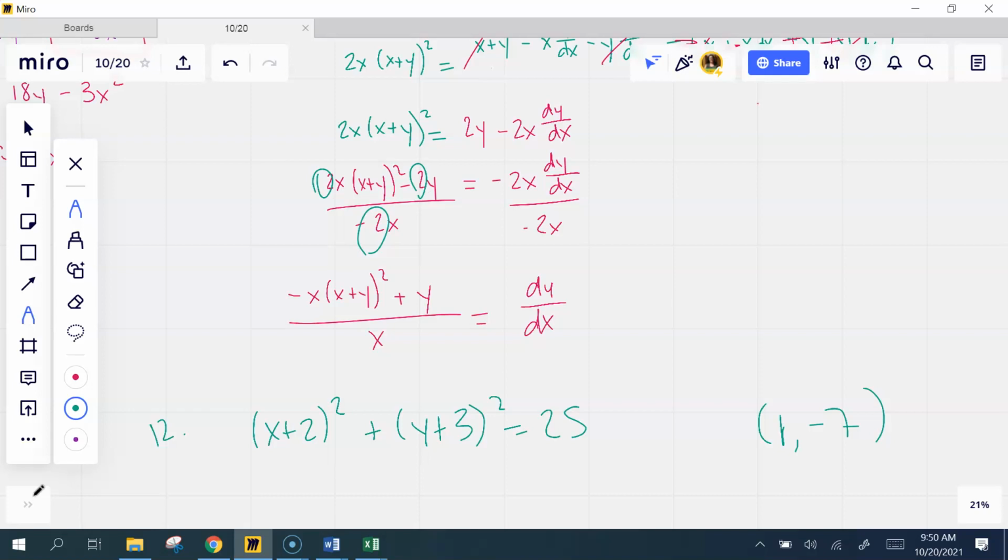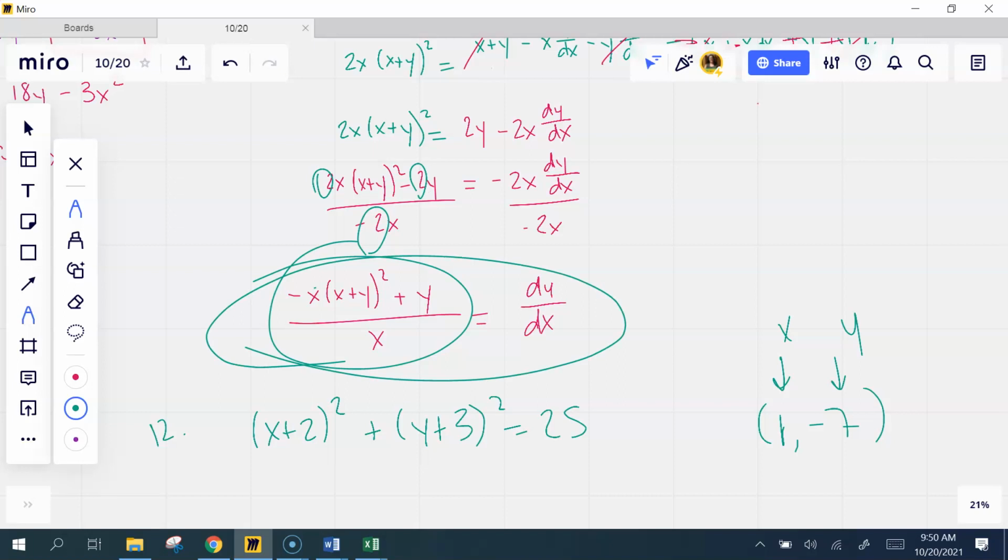Well, you just put in the point. If you find dy dx, you found the slope, so you'll just plug this in for x and this in for y, and that'll give you the slope. Because your equation, remember, has x's and y's in it. So if I plugged a 1 in for every x and a -7 in for every y, that would be the slope of the line at that point.